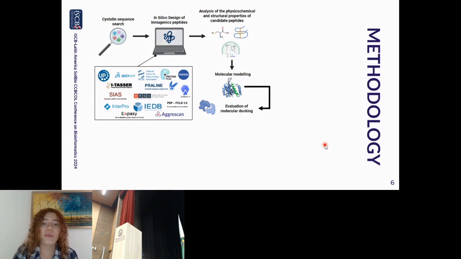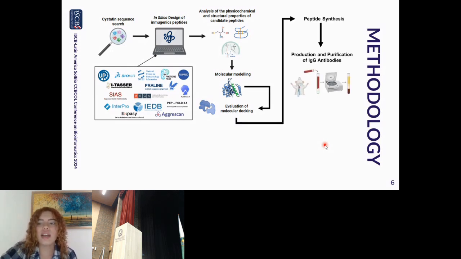And finally, the molecular docking, in which we wanted to see if the peptide was able to fulfill its natural function, which is to inhibit cysteine protease. In this case, we used environmental allergens to try to determine the type of interaction.